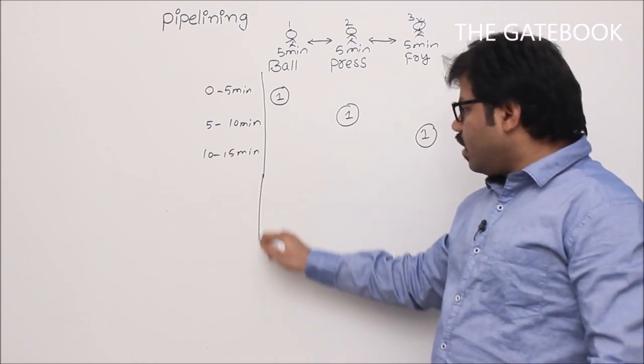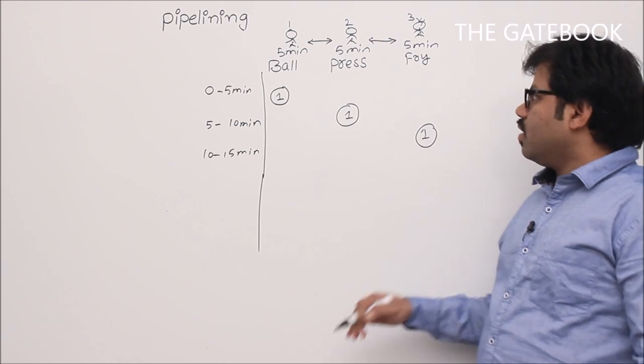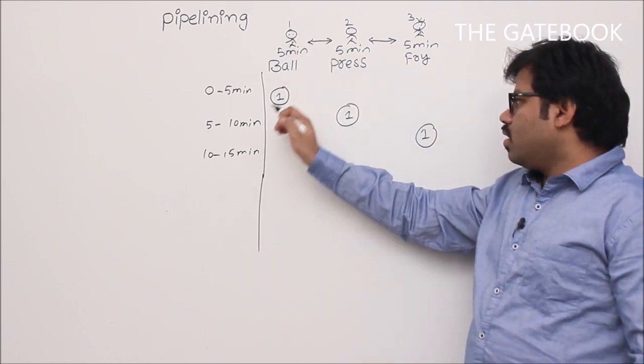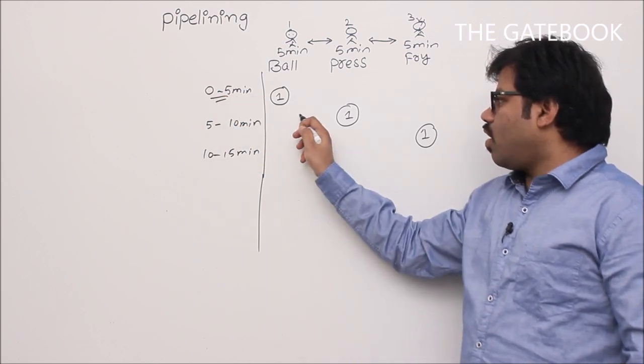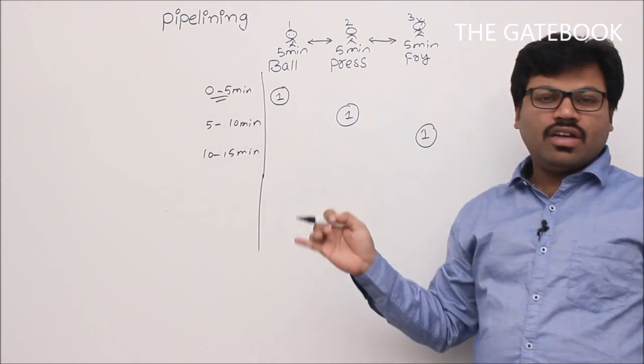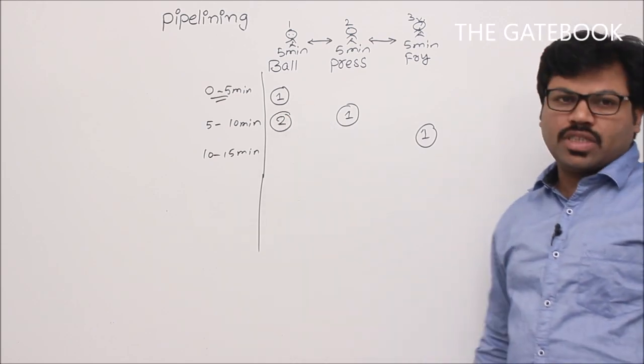Now let us continue this process. Before continuing, I will ask one question. My dear Raju number 1, after 0 to 5 minutes, in this slot 5 to 10 minutes, you are free, right? Why are you free? Why don't you make one more ball? Yes, it is possible.